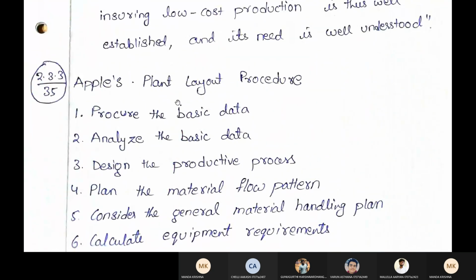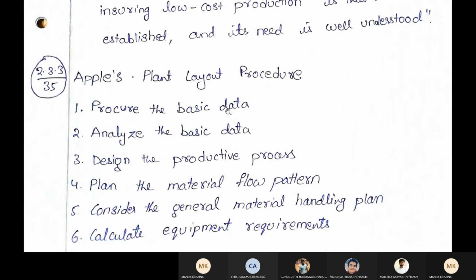I will repeat again. Procure the basic data to frame the problem. Analyze the basic data. Design the productive process. You have to plan the process flow, plan the material flow pattern, consider the general material handling plan, how the material handling should be taking place, calculate the equipment requirements.